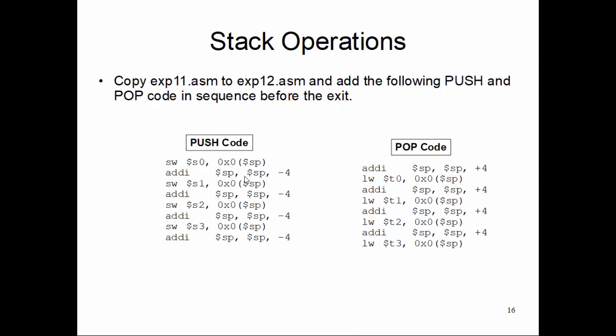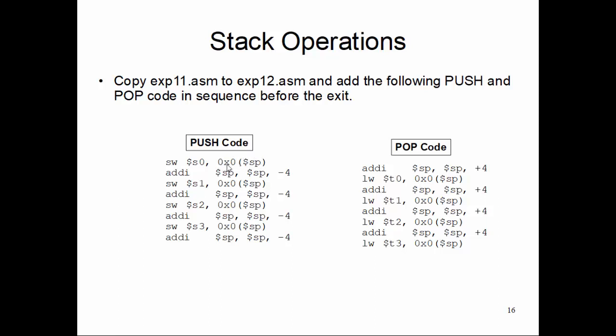Now we want to copy this XP11 ASM212 and add some push and pop before the exit, like store word. We are using the stack pointer as my base pointer, and relative to that I'm using a 0 offset.